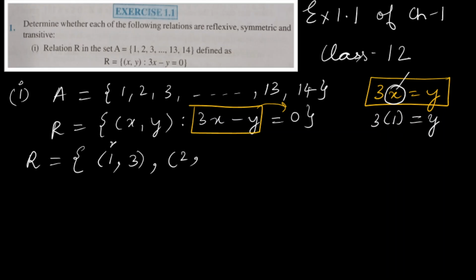The first element is x and the second element is y if we have to write an ordered pair. Now x can have values 1 to 14, and you have to remember one thing: these elements we are getting from the Cartesian product of A with itself, A cross A.